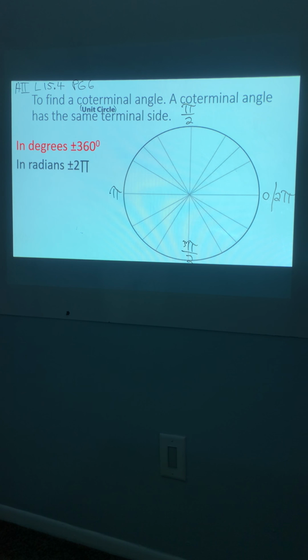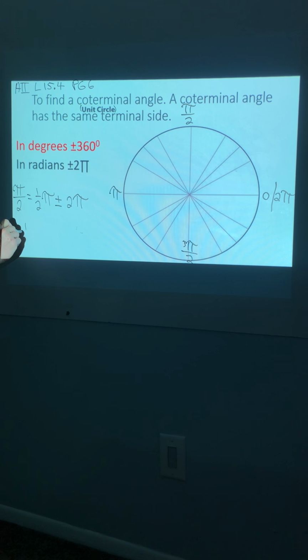Let's say pi over 2 is your original angle. That's the same thing as 1/2 pi. You're going to add it to, then subtract it from, 2 pi. All I would do is ignore the pi's for a second.